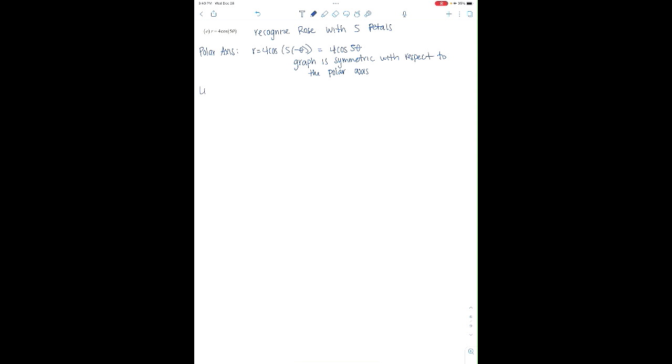Let's check our line, theta equals pi over 2. So we have r equals 4 cosine 5 times (pi minus theta), 4 cosine (5 pi minus 5 theta). Use our trig identities: cosine 5 pi cosine 5 theta plus sine 5 pi sine 5 theta.